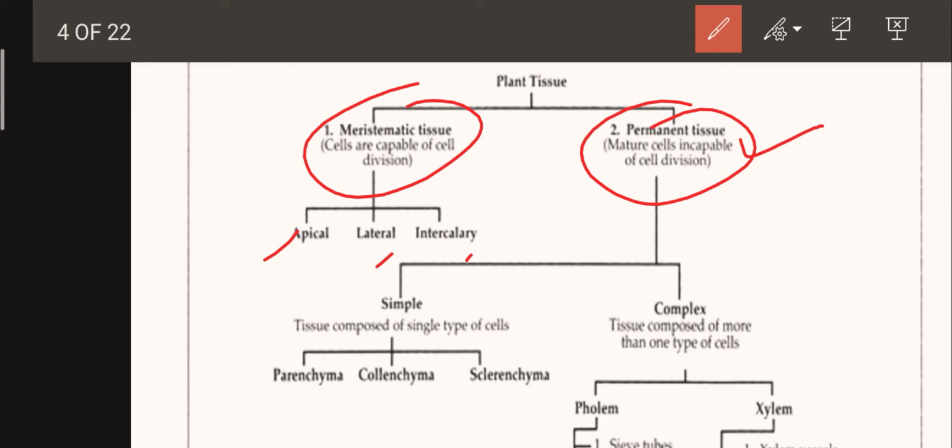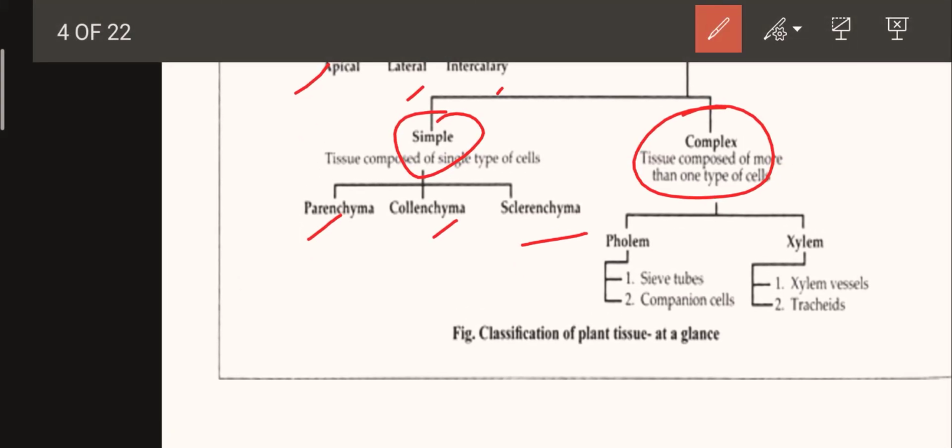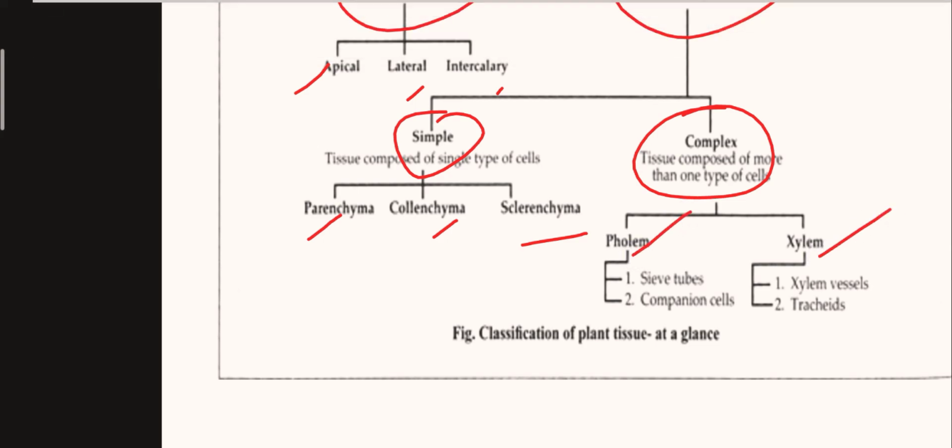Now these permanent tissues are divided into simple tissue and complex tissue. As the name implies, the simple tissue is composed of a single type of cell like parenchyma, collenchyma and sclerenchyma, while the complex tissues contain more than one type of cell, like phloem and xylem.